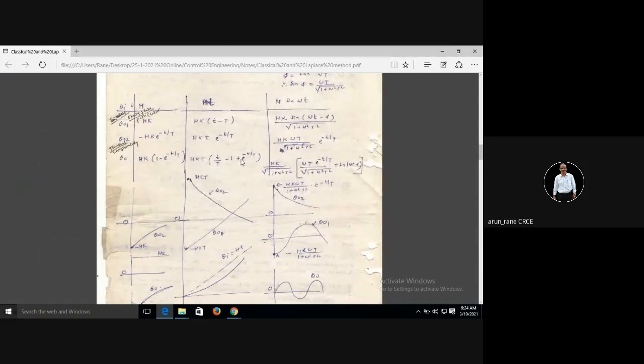You have understood this for various inputs, like if we have a step input, a ramp input, or a sinusoidal input, what is the output? This example was based on the classical solution method.